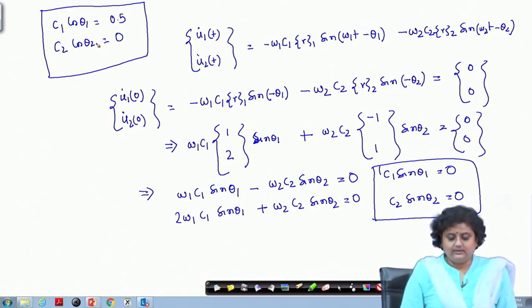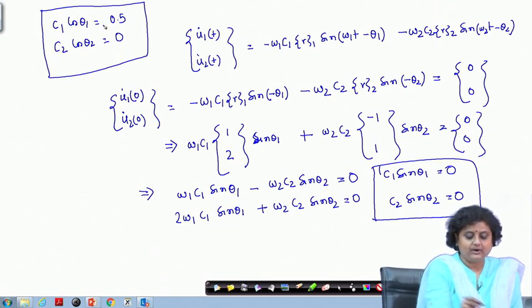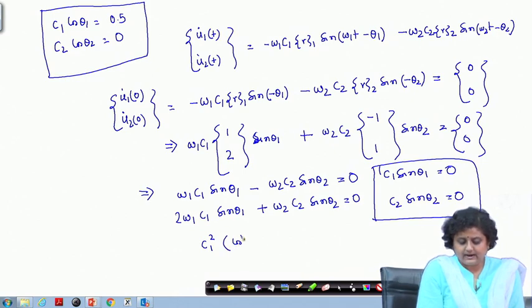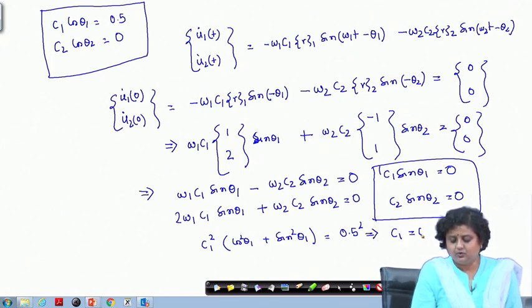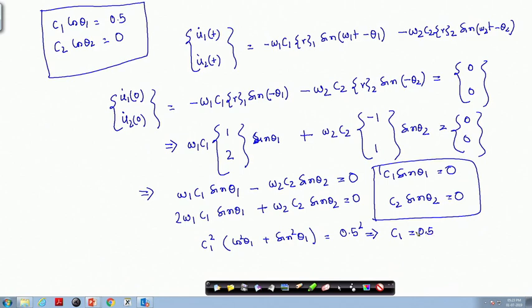So, what I do is that I square this equation and this equation. So, I get C1 square into cos square theta 1 plus sine square theta 1 is equal to 0.5 square, which implies that C1 is equal to 0.5. So, similarly, from the second equation I can get C2 is equal to 0.